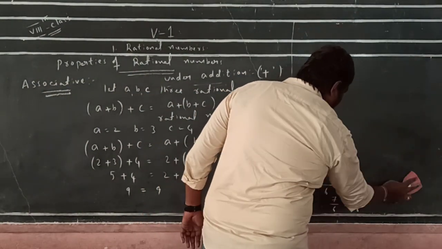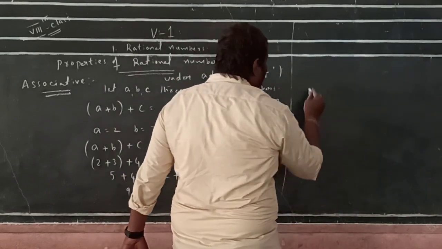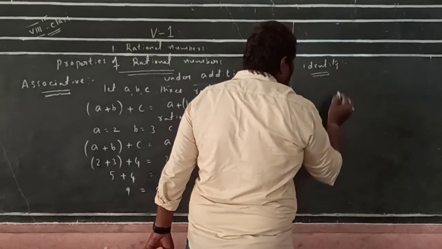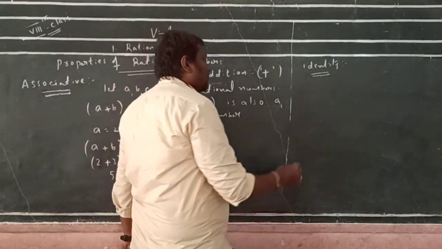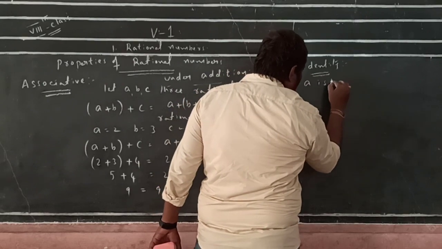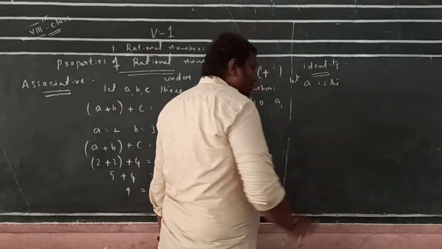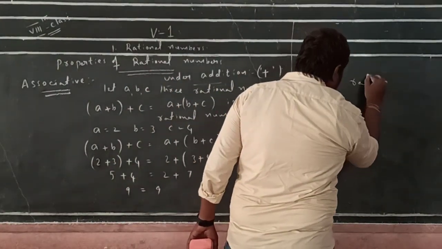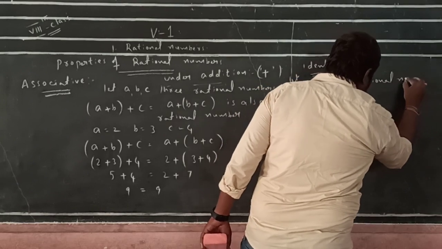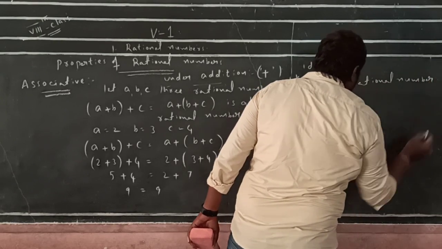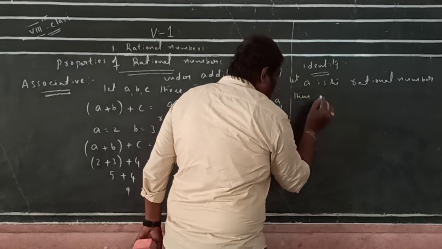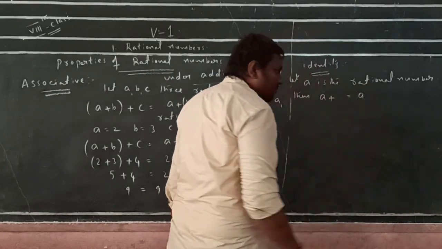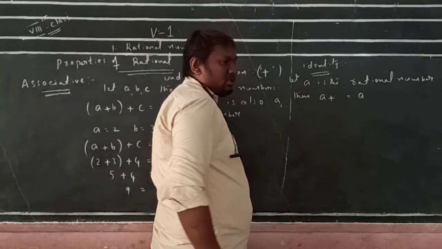Next one is the identity property. Here for the identity property, we can take only one variable. A is a rational number. Then A plus 0, you get the same answer.